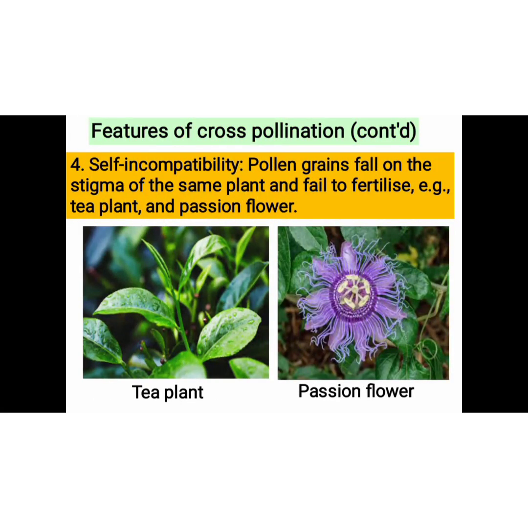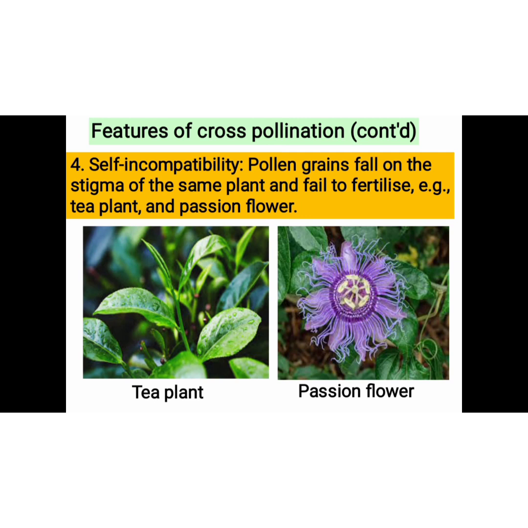Feature number 4 is self-incompatibility. This is a concept in which the pollen grains fall on the stigma of the same plant and fail to fertilize. So when the pollen grains fall on the stigma of the same plant, continuous growth will not occur.